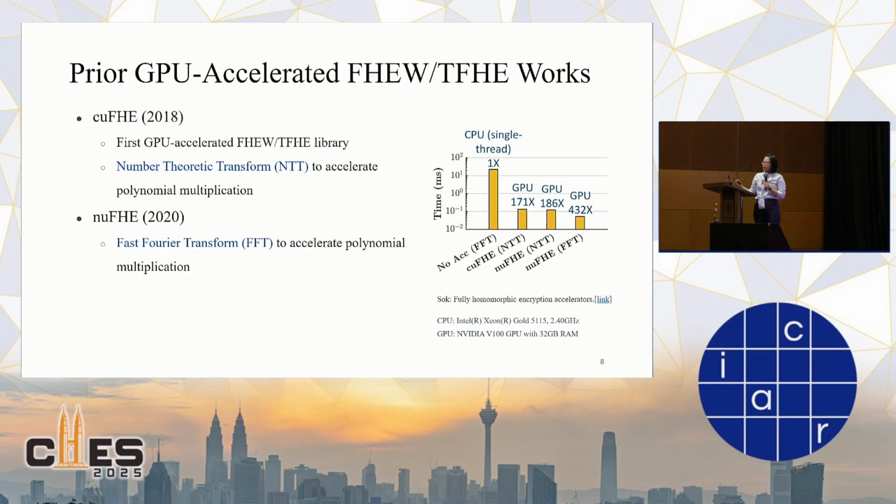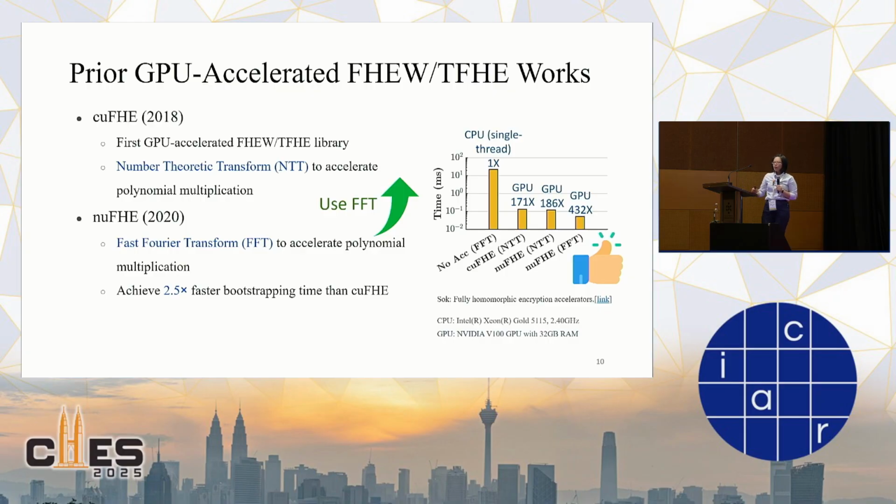But we are not the first to use the GPU. There are two important prior works. They make FHE schemes much closer to practical usage. From this work, we learned using FFT is faster than using NTT. However, these works focus on 80-bit security, and their parameters are hard-coded in the library.